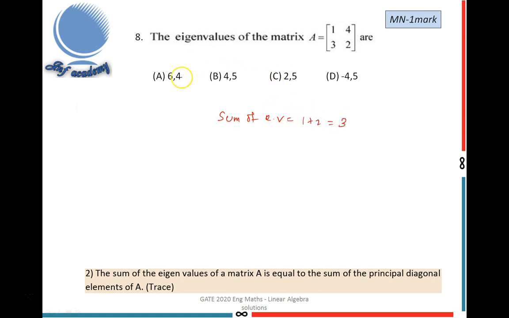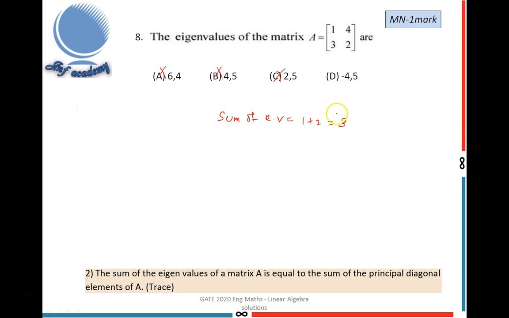Now come to the options. I have to check the options one by one. 6 plus 4, the sum of the eigenvalues 6 plus 4 is 10. So this option is wrong. 4 plus 5, 9. This is also wrong. 2 plus 5, 7. This is also wrong. Minus 4, comma 5. So the sum should be 1 plus 2, 3.